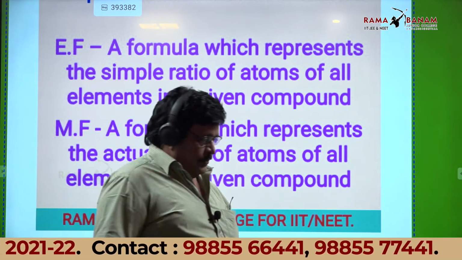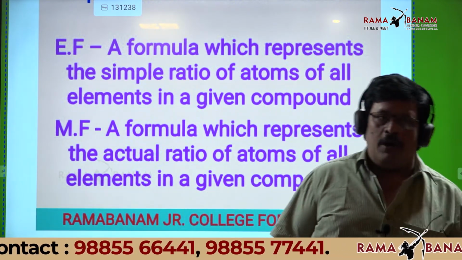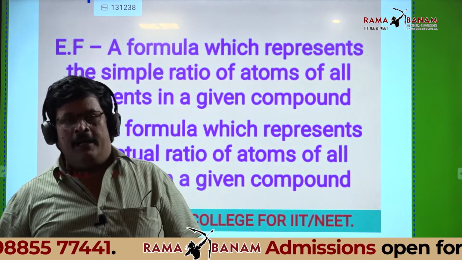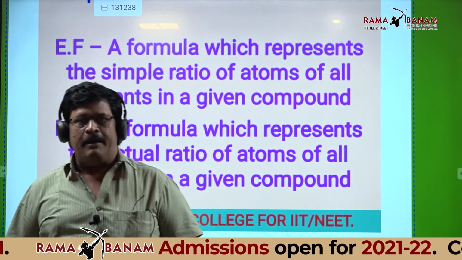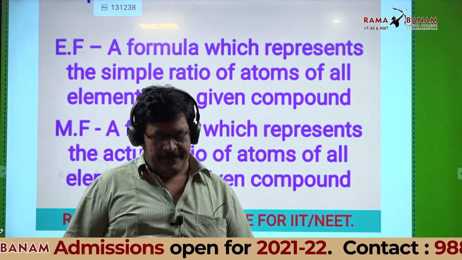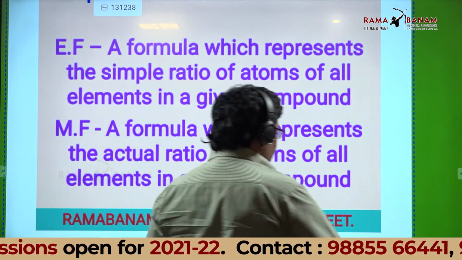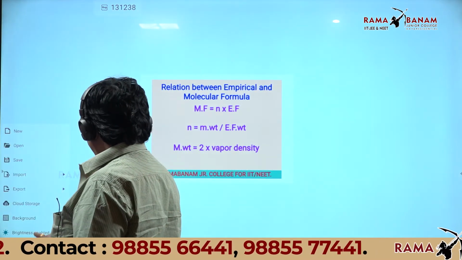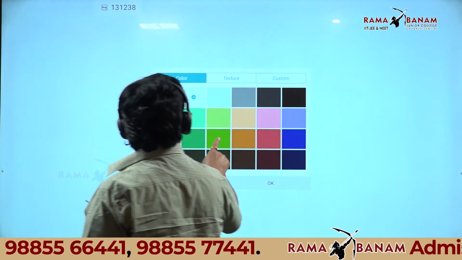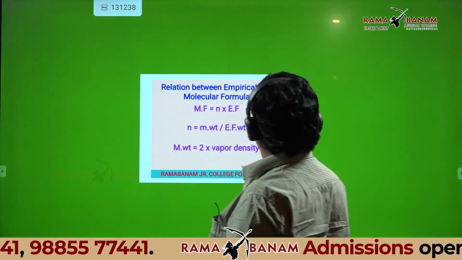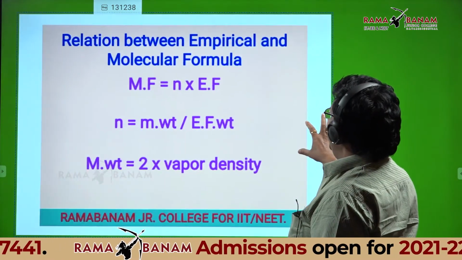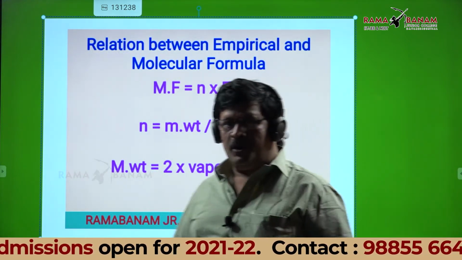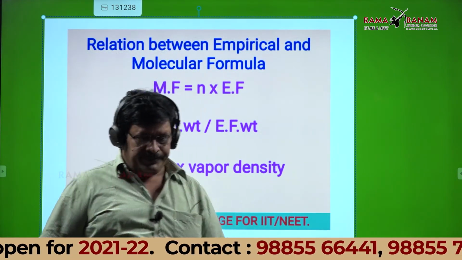So what is the actual relation between the empirical formula and molecular formula, and how to calculate them? See this slide. The relation between molecular formula and empirical formula is: molecular formula equals n into empirical formula.